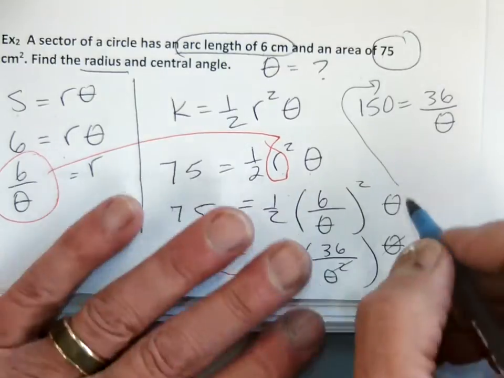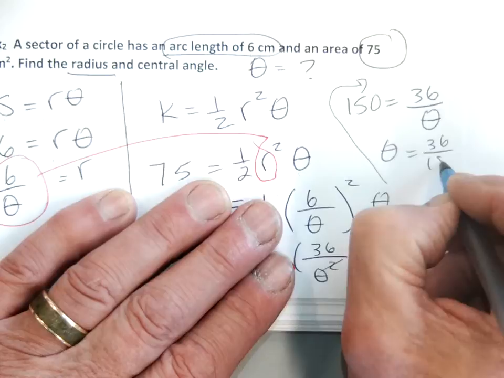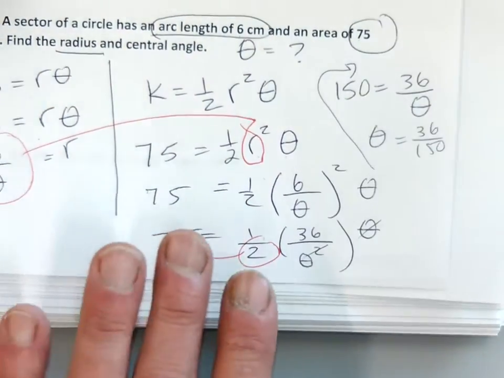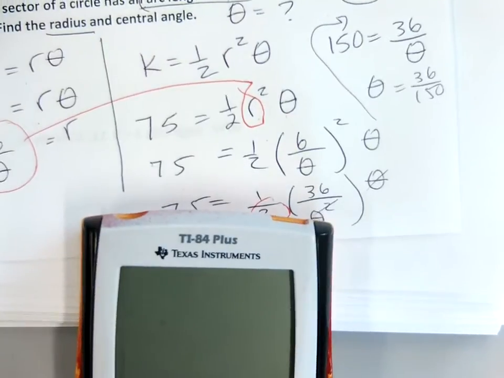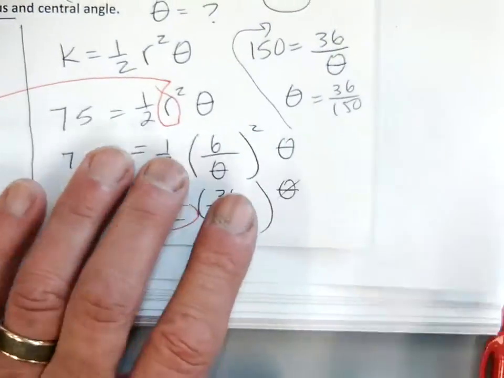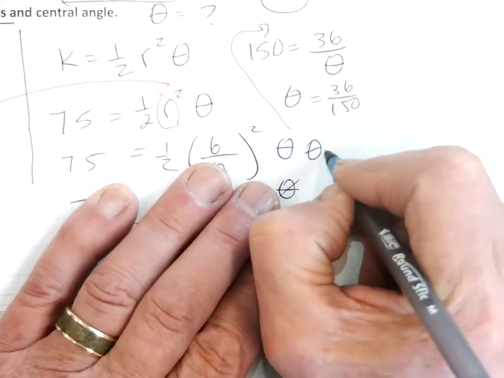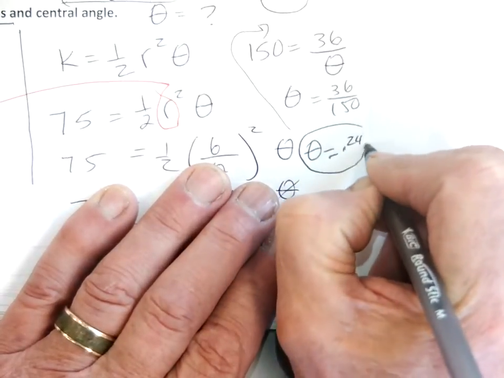And then theta would equal 36 over 150. I'm just going to use my calculator to get that answer. What is 36 divided by 150? It should be a nice decimal. Yeah, 0.24. So my angle theta is 0.24 radians.